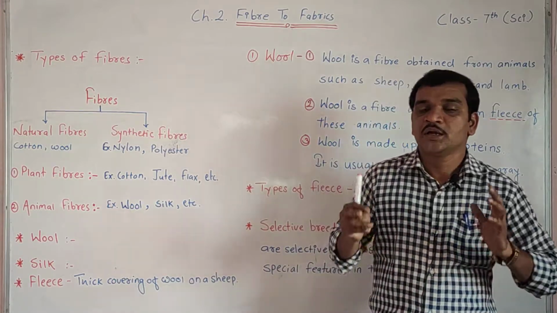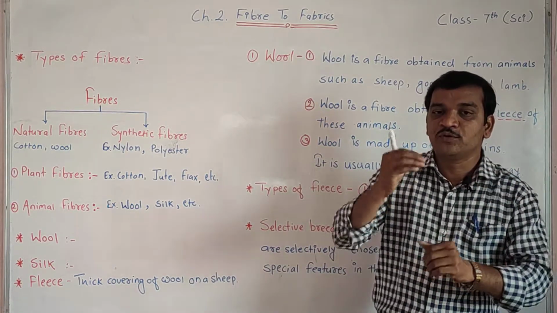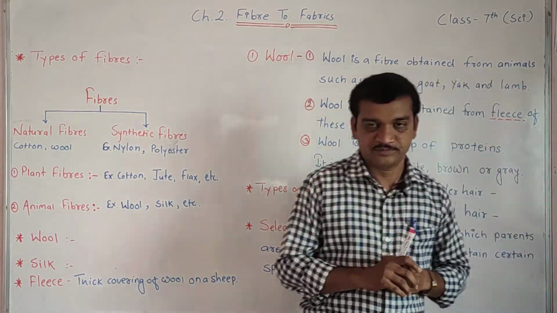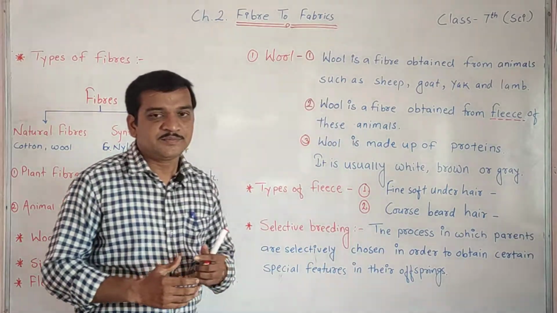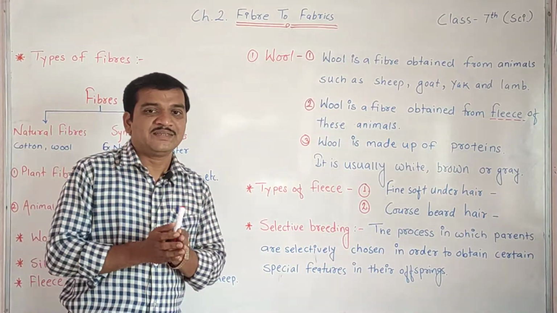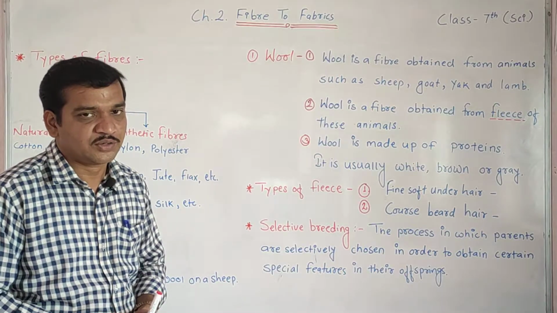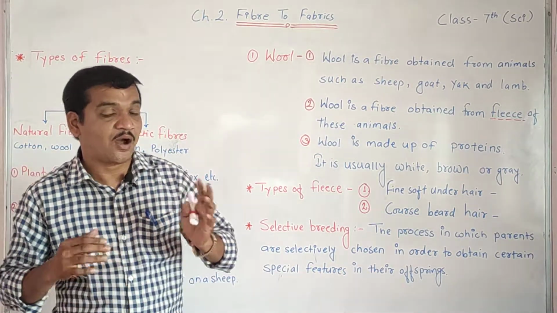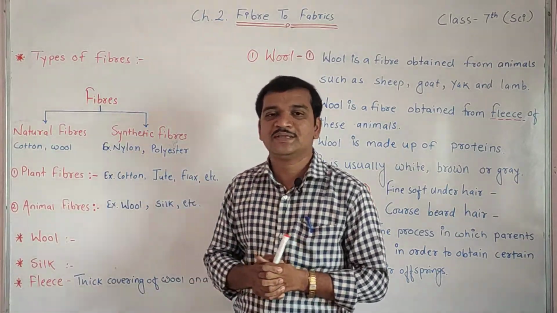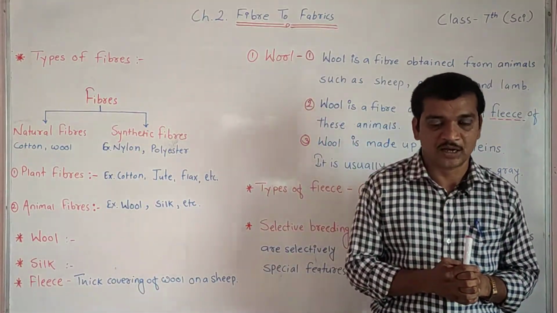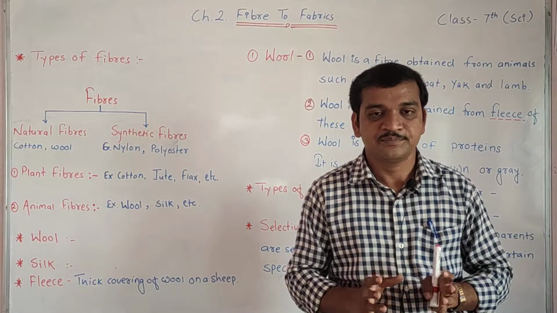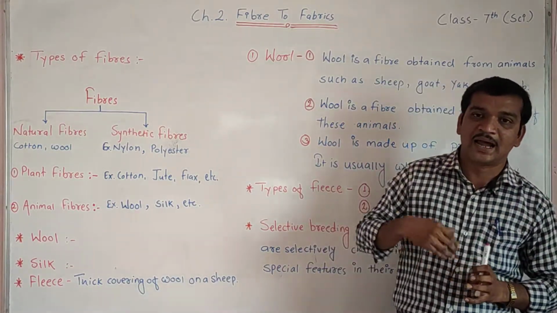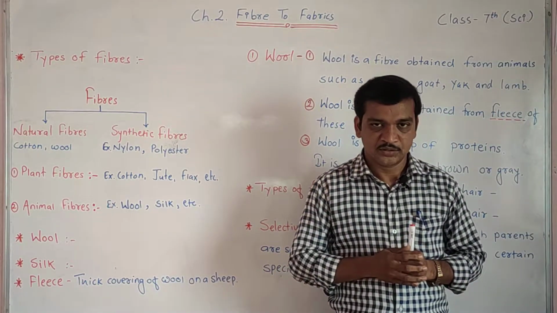Before starting the lesson, I will just take some part of our previous class, what we have learned. In the previous class we already learned about fibers, yarn and fabrics.